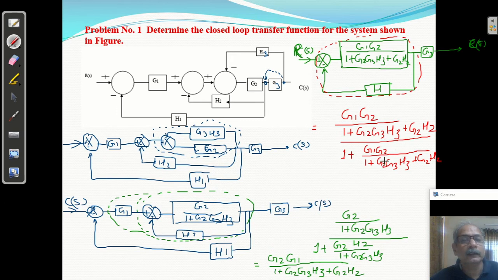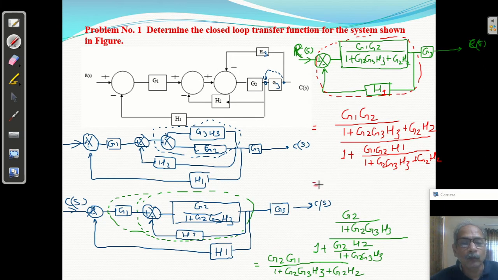This is GS, G1 G2 upon 1 plus G2 G3 H3 plus G2 H2. GS upon 1 plus GS HS. What is the value of HS? It is H1. GS upon 1 plus GS into HS. After LCM, this will be cancelled.